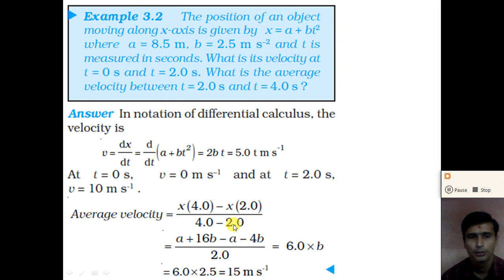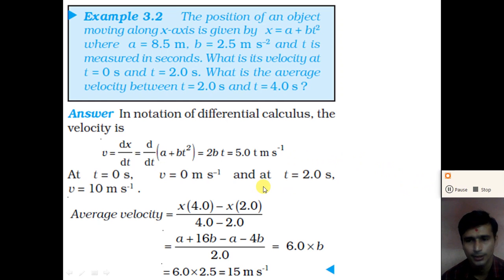If you put the values in this equation, we get the average velocity. Dear student, see here the instantaneous velocity at 2 second and the average velocity between 2 and 4 second are not the same. Similarly, you can calculate the velocity at t equal to 3 second, 4 second, any instant of time, by the equation of the instantaneous velocity.